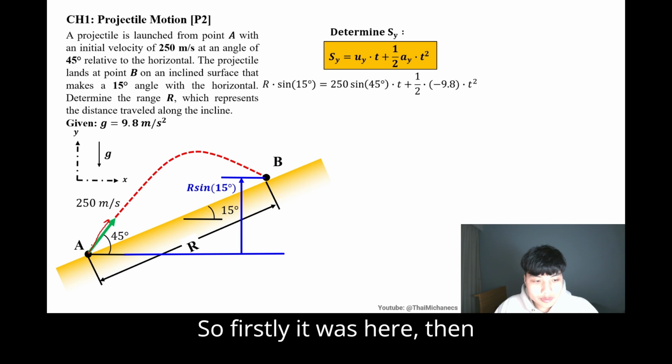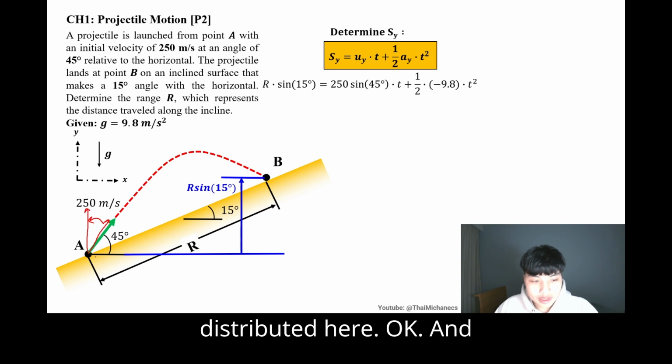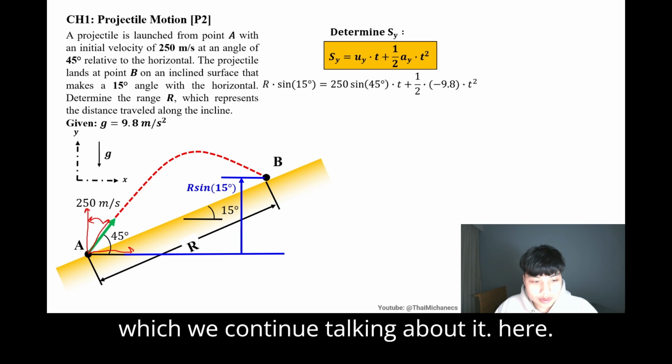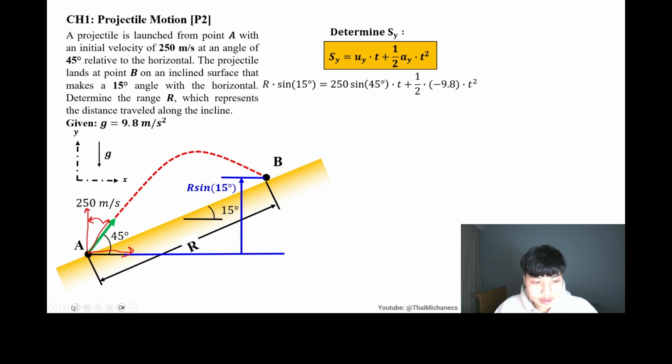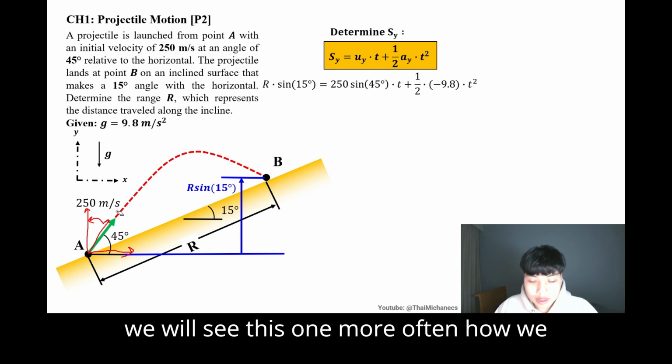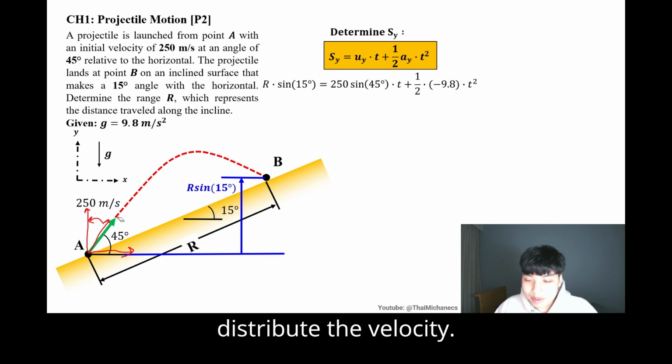Firstly it was here, then it was distributed here. The same goes for the horizontal as well, which we will continue talking about here. Sorry for the handwriting. We will see this more often, how we distribute the velocity.